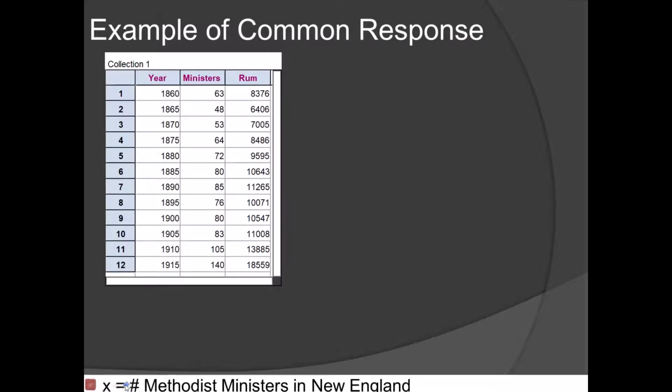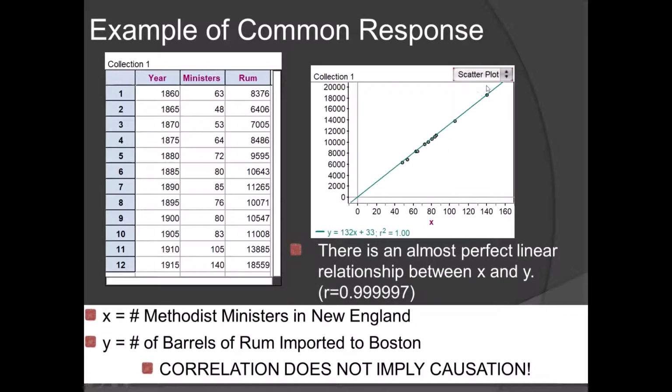In fact, these two things are so perfectly related that your correlation is this. And your r squared essentially goes to rounding. It's going to be 1. So all of the variation in the barrels of rum imported can be explained by the growth in the number of ministers.